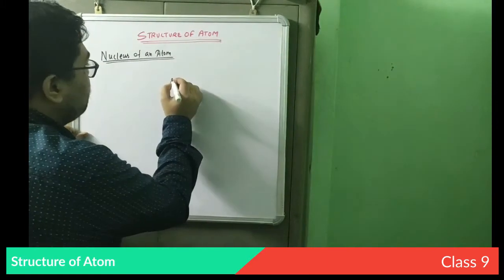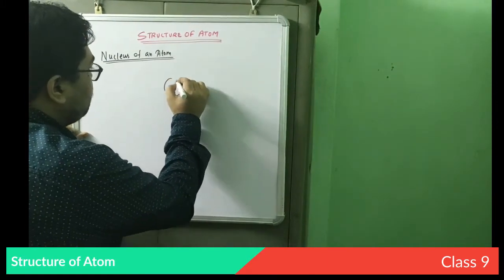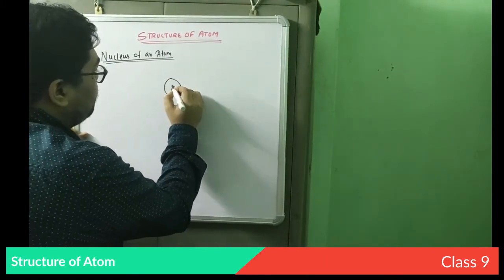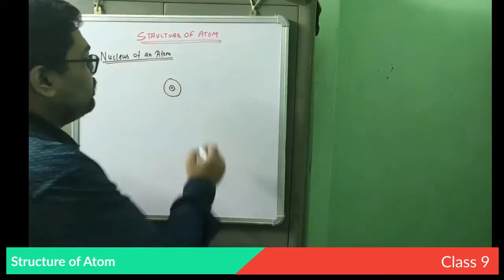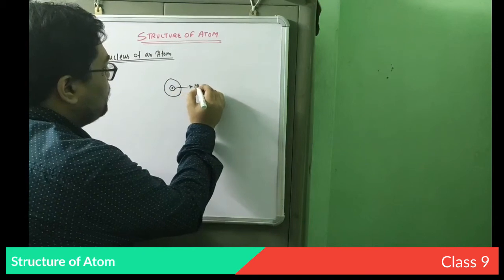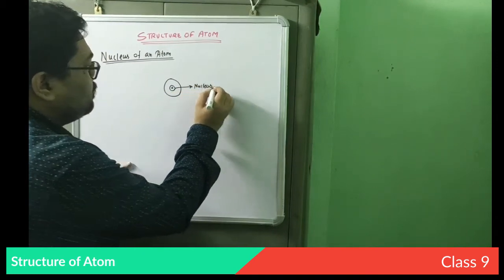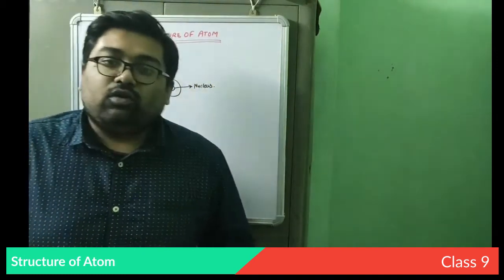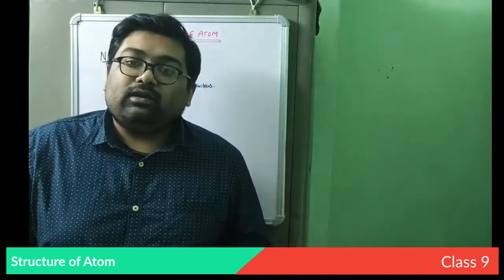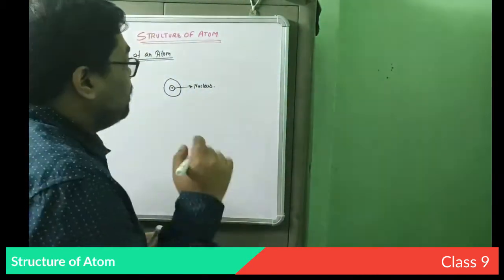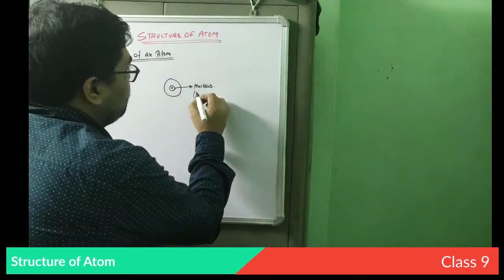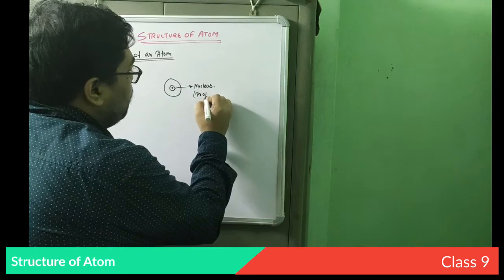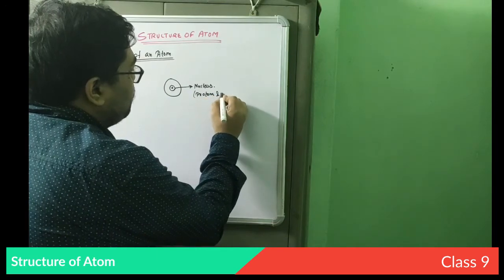If I consider this as an atom, it consists of a positively charged center which is called the nucleus, right? This is called the nucleus, and inside the nucleus, what are the subatomic particles that are present? The subatomic particles that are present are protons and neutrons.